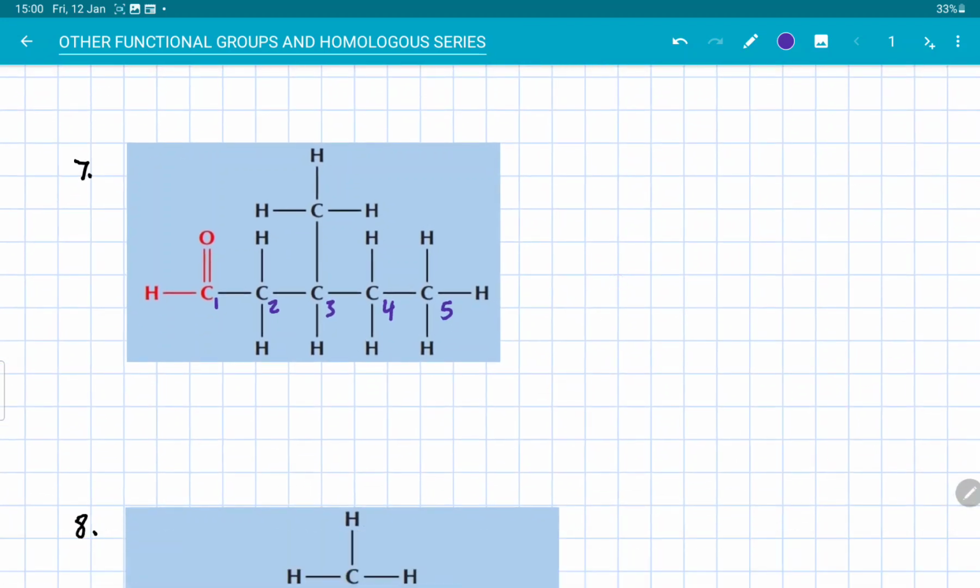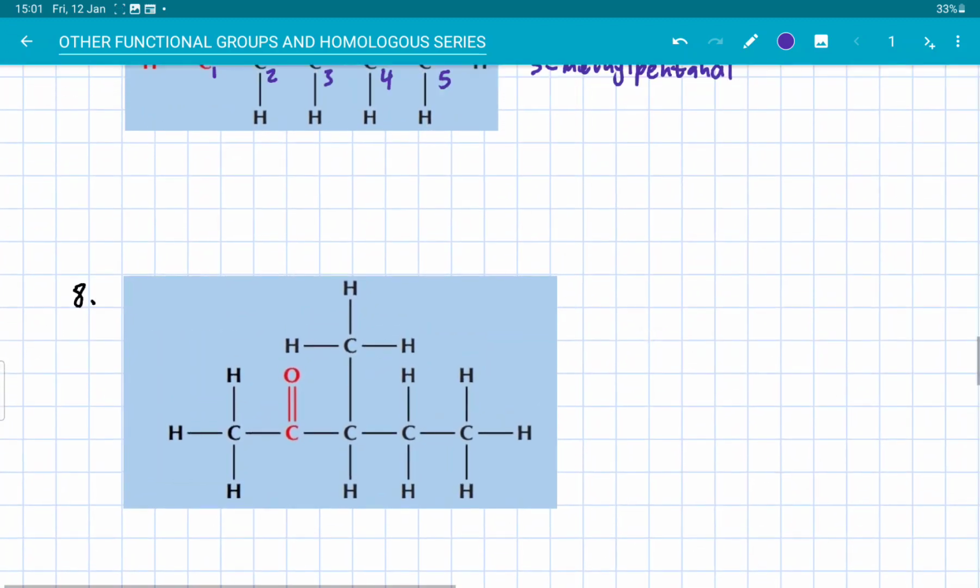The branch is at carbon 3, so 3-methylpentanal. Why? Because for aldehydes, we don't mention the position of the functional group. Remember that.